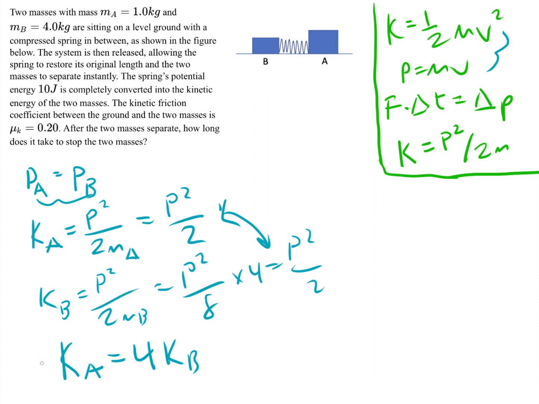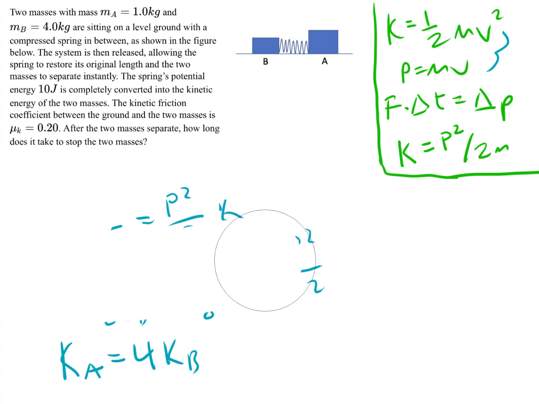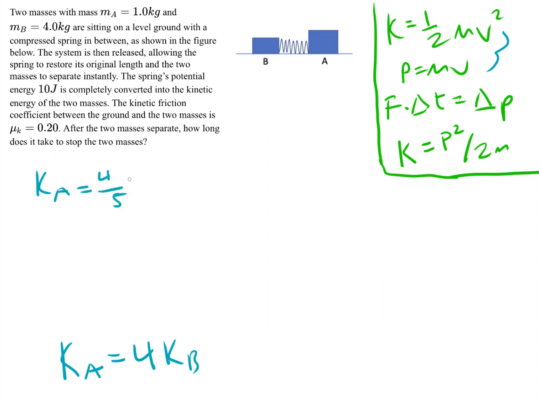So we know that the kinetic energy of block A is 4 times as great as the kinetic energy of block B. So now we can actually go ahead and solve for the kinetic energies here. The kinetic energy of A is going to take 4/5 of the total kinetic energy of 10 joules.